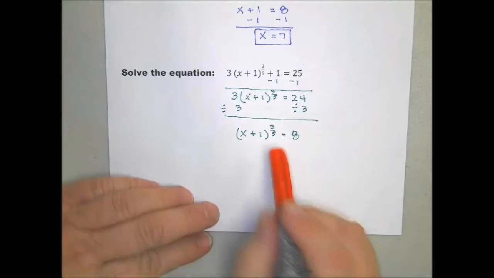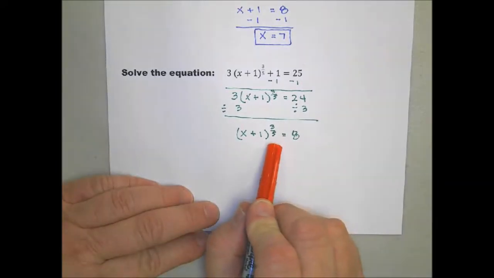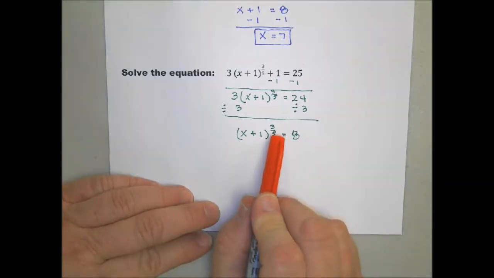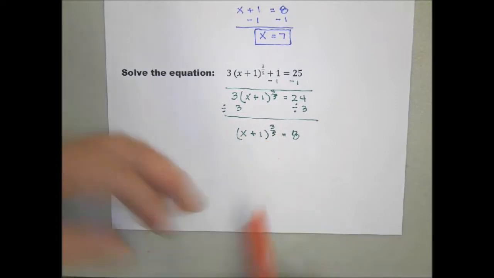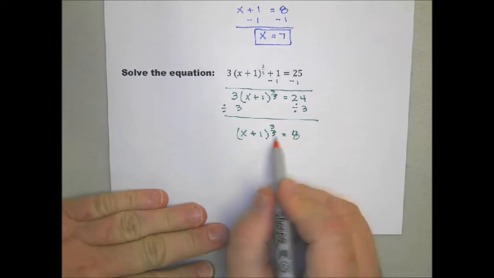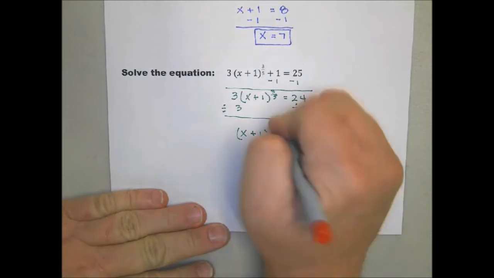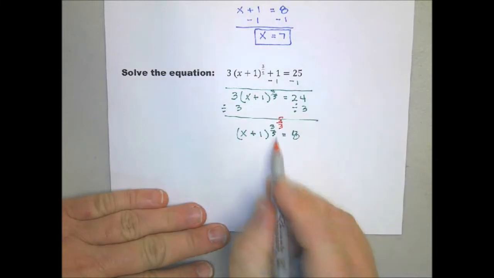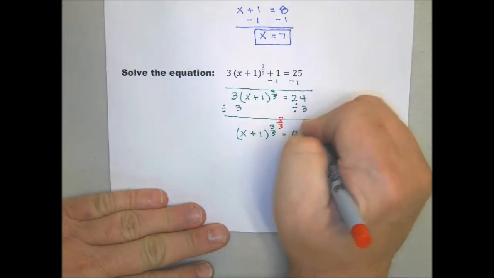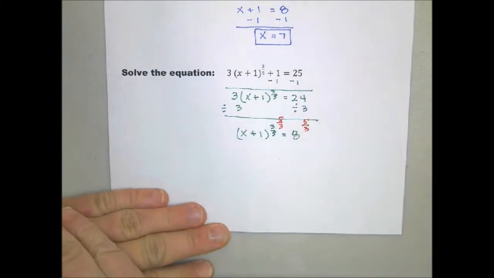And now I'm to the point where I can't do anything more unless I get rid of that 3/5 power. I can't subtract 1 yet because it's in the parentheses. So the next step is raise the left-hand side to the reciprocal, 5/3. But what you do to one side, you have to do to the other. So raise both sides to the 5/3 power.